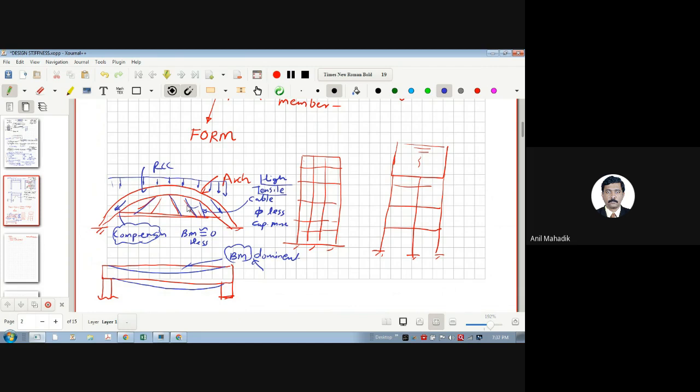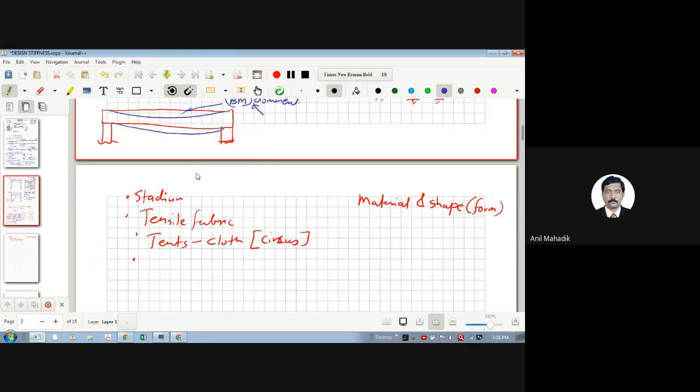They select such sizes and such materials in the structure so that in totality the structure looks beautiful, and it also justifies its functional requirements. Whatever functional requirements are there will be satisfied, and it will also look good due to its shape and selection of material. So this is a very important point in design, and that's why form is very important.